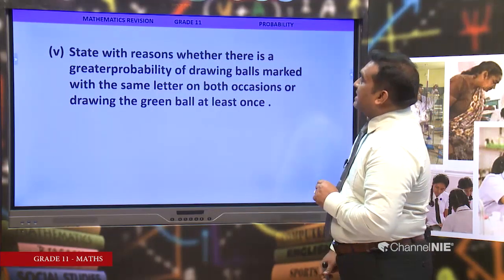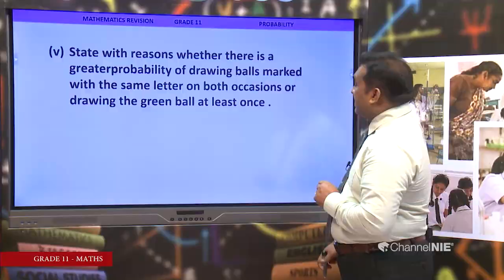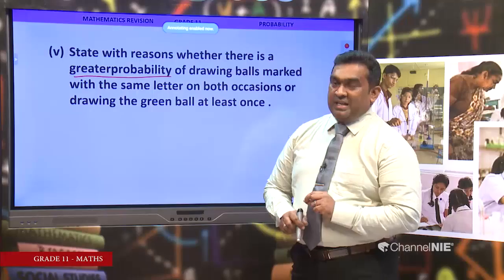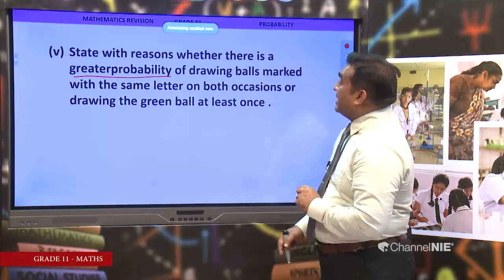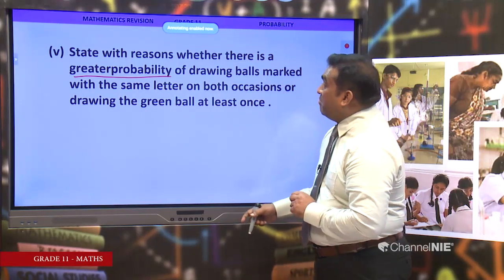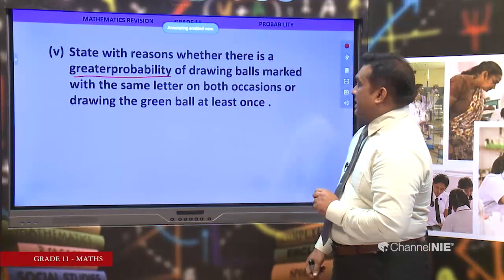State with reasons whether there is a greater probability. Probability is a fraction. You have to find out the greater fraction. Comparison of fractions. Greater probability of drawing balls marked with the same letter on both occasions.